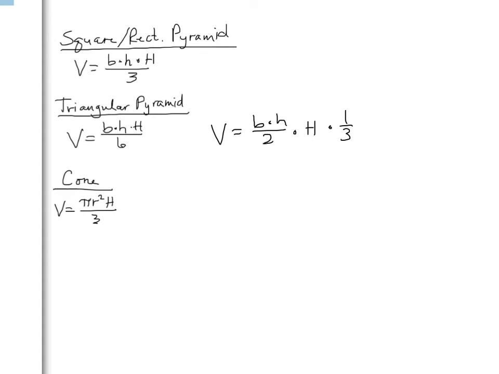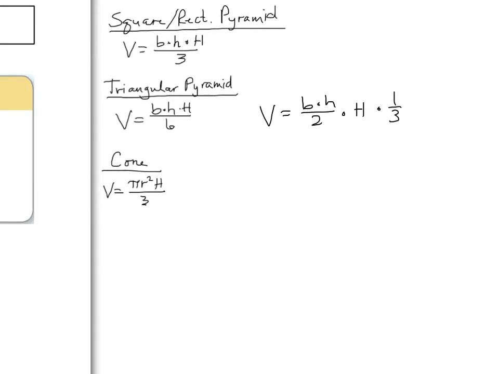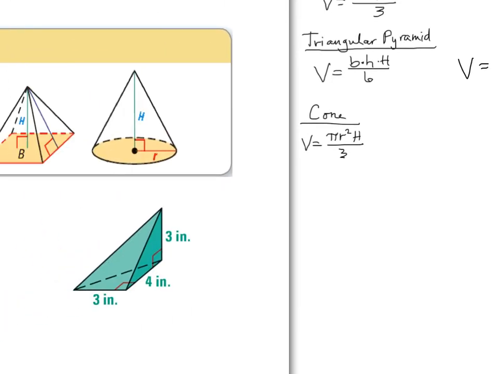When I multiply all these together, the 2 and the 3 are on the bottom of the fraction. I multiply those 2 together, and that's how I get 6. And then I also multiply base times height, so that's how you end up with a 6 instead of a 3 on the triangular pyramid. So the triangular pyramid is a little bit different. Make sure you have these written down on your formula sheet as well.